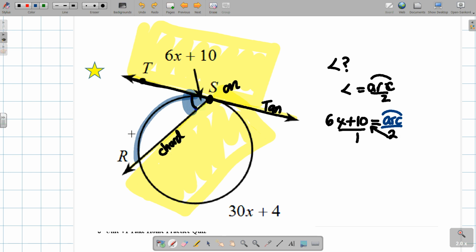That blue arc is now going to be 12x plus 20. Go ahead and remove the Post-its.